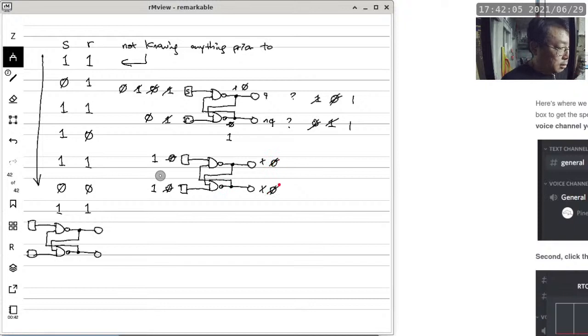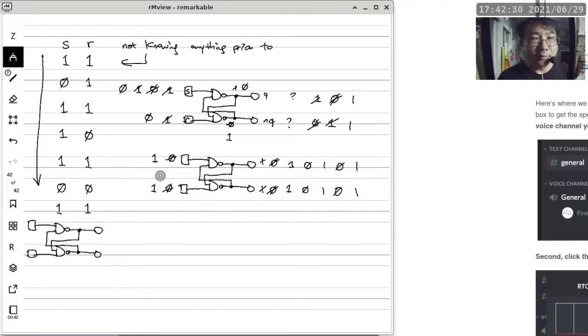So we now go back to the initial state, and you can see how this is going to be cyclic, because this is going back to the initial state where both outputs were 1s, and now both inputs are 1s again, which also means it's going to change from 1 to 0, then back to 1, then back to 0, then back to 1, and it's not going to end.